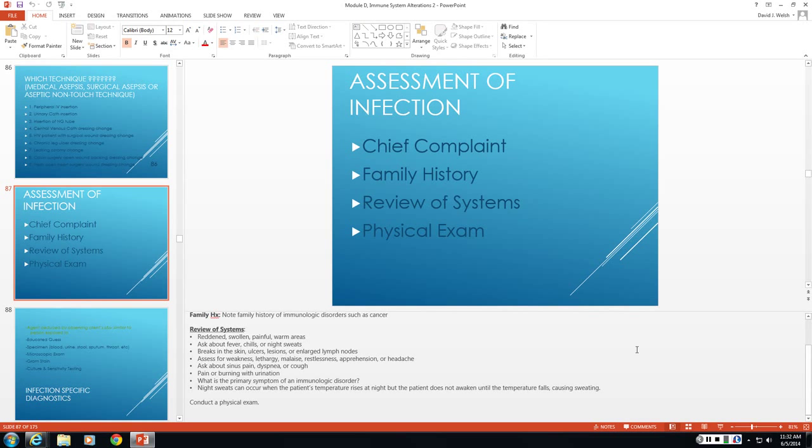You're going to ask about sinus pain, any problems with breathing or having a persistent cough. Do they have any pain or burning with urination? What is their primary symptom that they have? You're also going to conduct a physical exam of that patient.